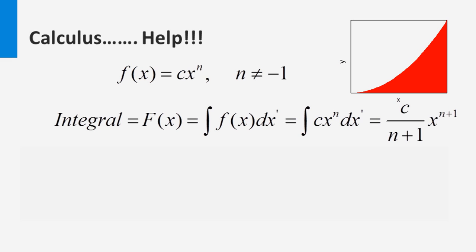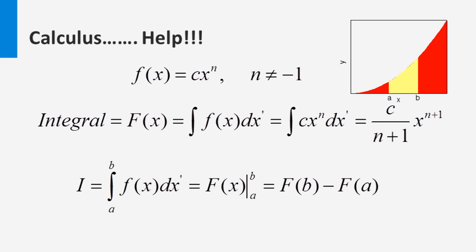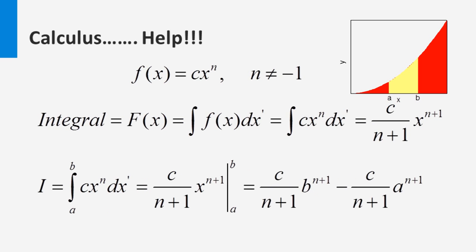The area between the boundary values x is a and x is b can be calculated by subtraction of the integral function at x is b minus the integral function at x is a. For a polynomial, this looks like this. It looks maybe complicated, but it is rather simple. Let's give some examples.